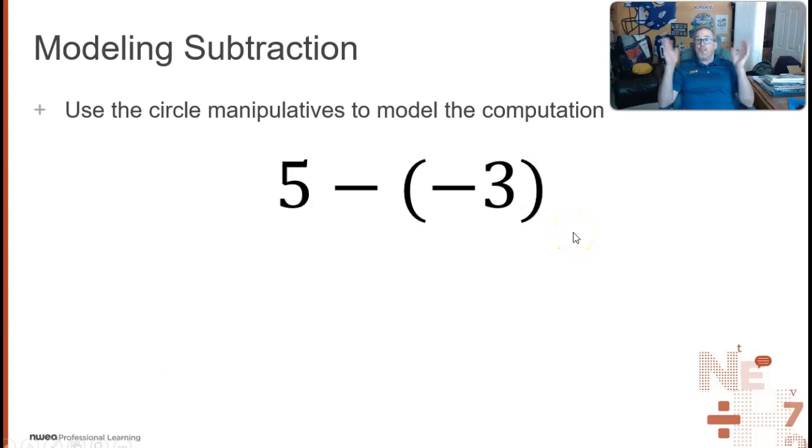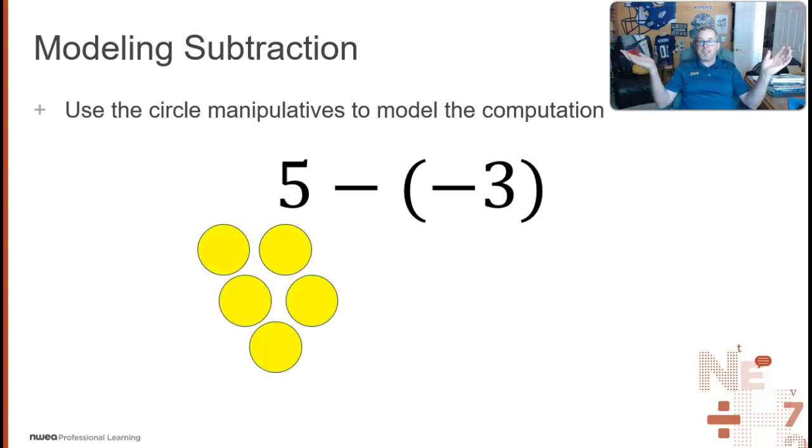But yeah, like I said, what if you have to subtract something that isn't there? How do you manage that? So in this case, you've got 5 positives, 5 yellow chips, and then you're supposed to subtract red chips. How do you subtract red chips when no red chips exist? Well, you productively struggle.